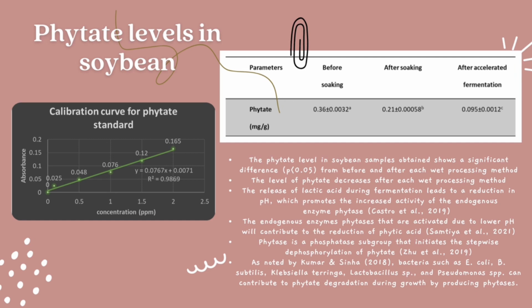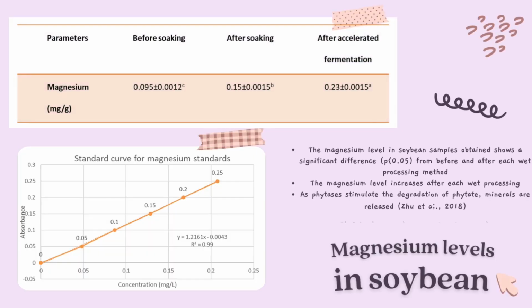This microbial phytase, together with the endogenous enzyme phytase, works together and degrades the phytate levels in the soybean sample during the process of accelerated fermentation even more, and hence decreasing the phytate levels from 0.21 to 0.095 in the sample after accelerated fermentation.